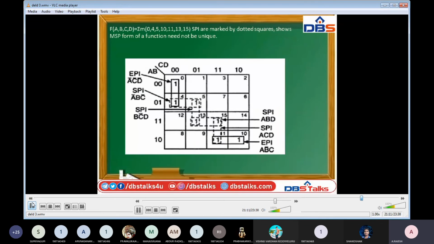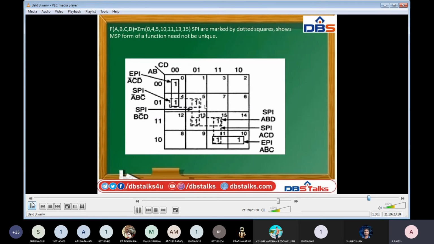For example, see here, essential prime implicants, and the same problem here. Okay, but they have changed something. See here, they have given 0, 4, 5, 7, 11, 13, 15. 0, 4, 5, 10, 11, 13, 15. Okay, see, we don't find any quad here.